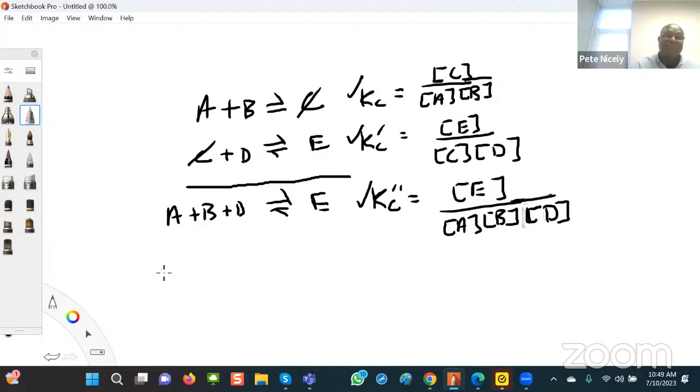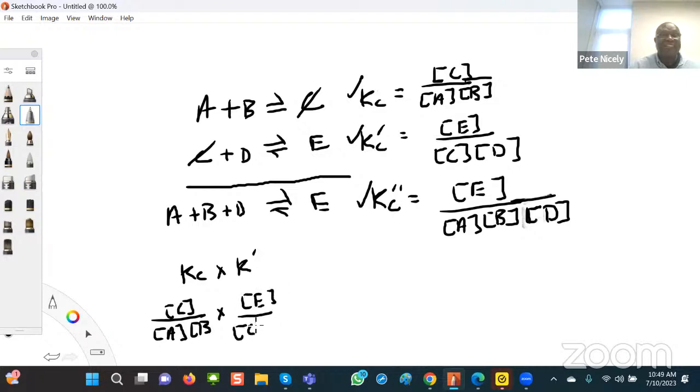Exactly, you're absolutely right. And the reason why is because Kc is equal to concentration of C divided by concentration of A times the concentration of B. So that's Kc multiplied by Kc prime, which is equal to concentration of E divided by concentration of C times the concentration of D. So when you multiply these two terms together, the concentration of C cancels out.